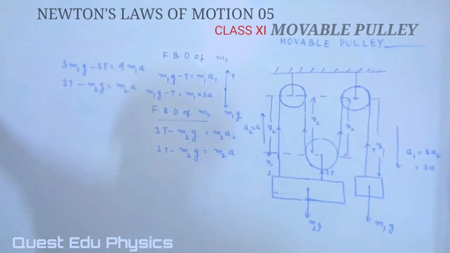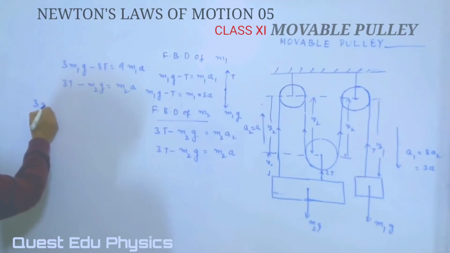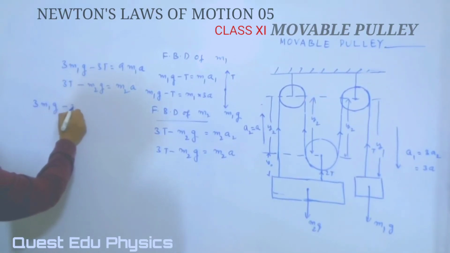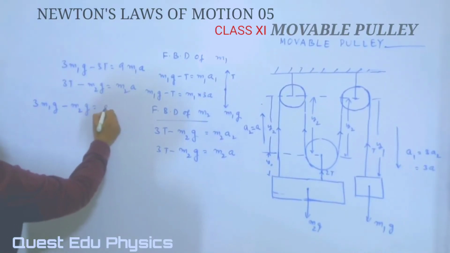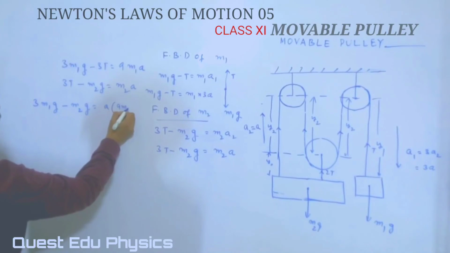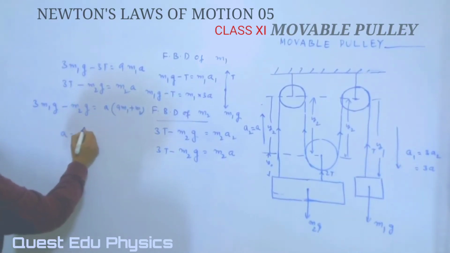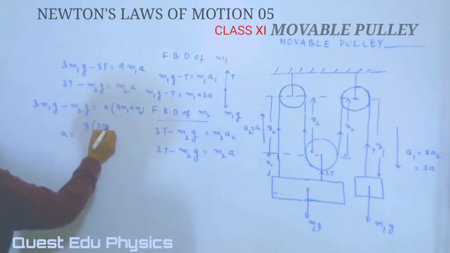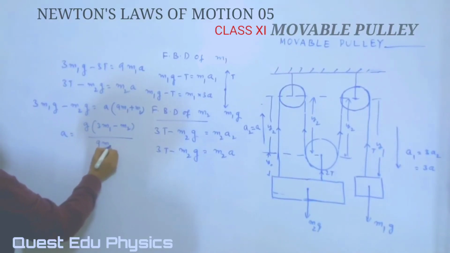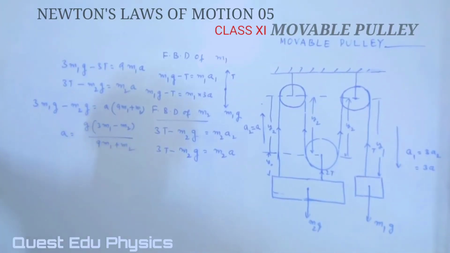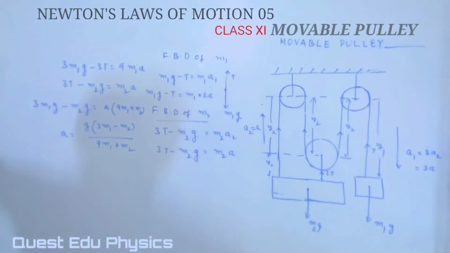We are adding the equations, students. What you get? 3m1g minus m2g is equal to a of 9m1 plus m2, and we got acceleration as g of 3m1 minus m2 by 9m1 plus m2. Okay students, in this way you can find out the acceleration.